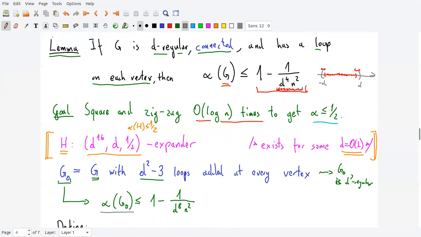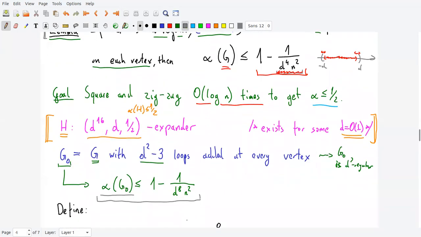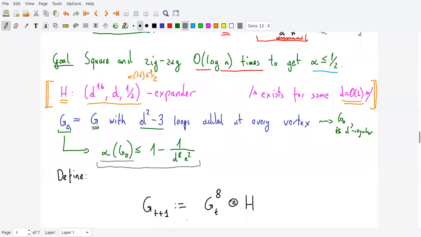So by just applying the lemma that we have seen before, we know that G0 already has a spectral gap that is already a little bit good. Now we will take the spectral gap that is here a little bit bounded away from 1 and amplify it so that it's much away from 1.